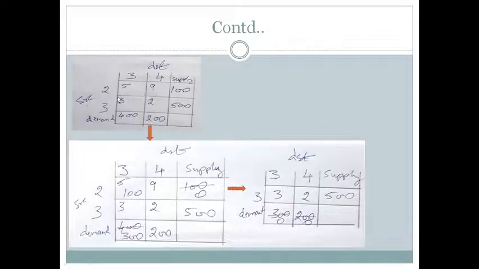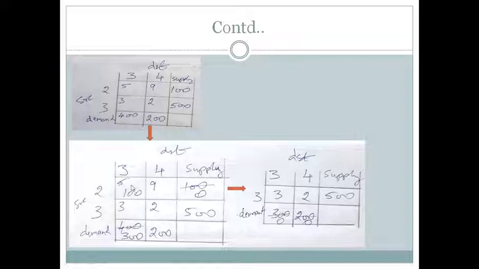Once we delete it, we have reached a stage where it's 2 by 2, so there is one more step we need to go ahead. Again you take the northwest corner cell, compare the supply and demand, and the supply is less here, so this becomes the x value. Put that x value in the northwest corner cell, which is 100 here.